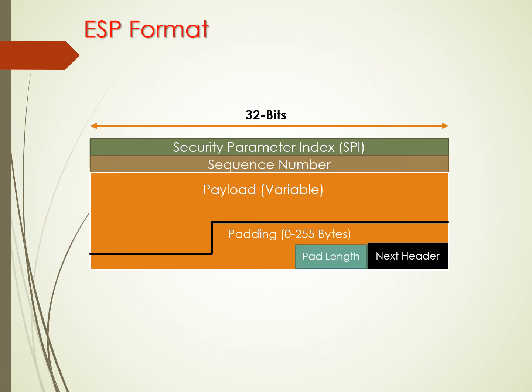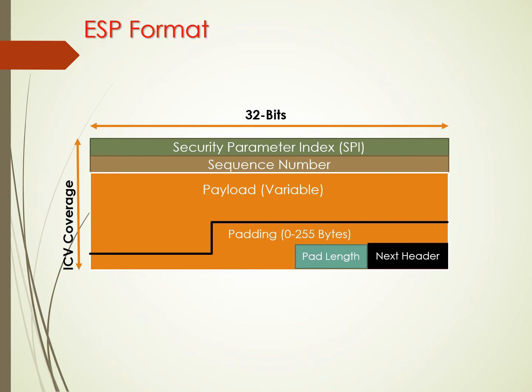Next, the pad length: how many dummy bits we have added to match the particular length with which we need to send the data packet. That information is provided here.